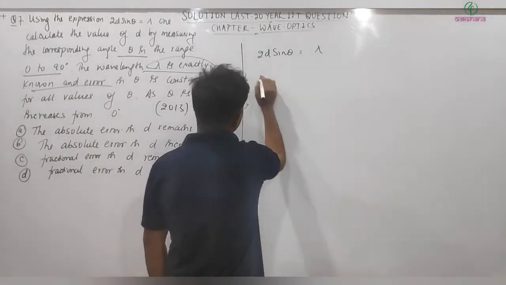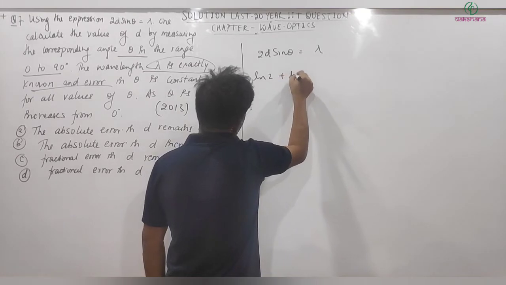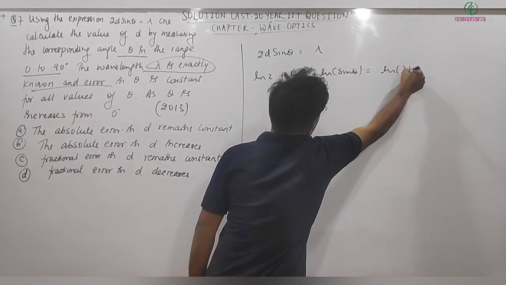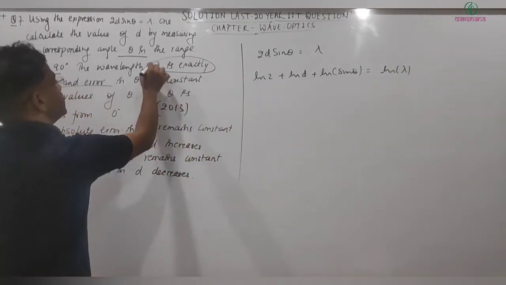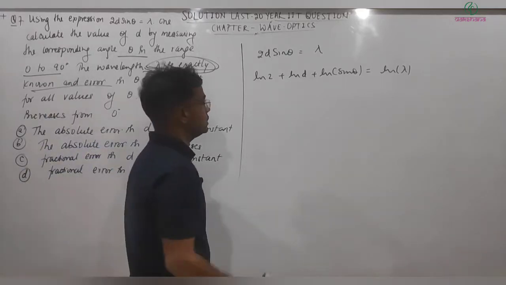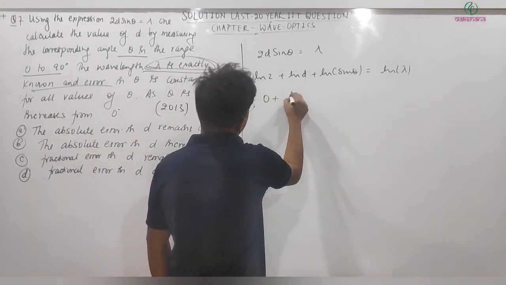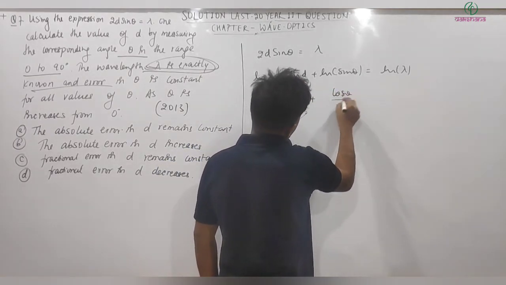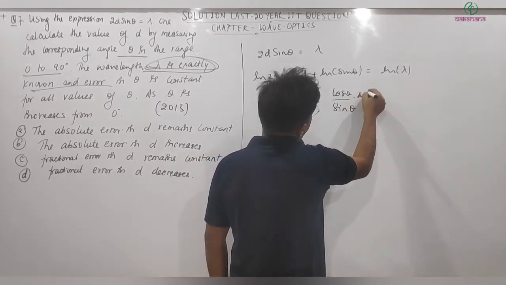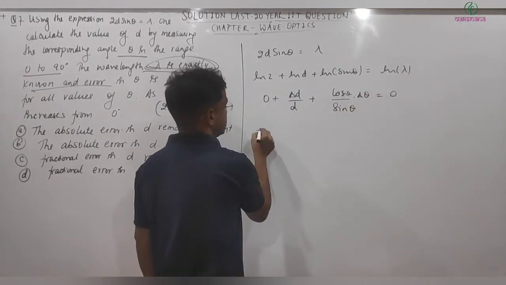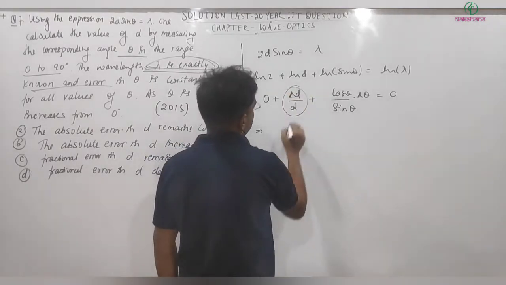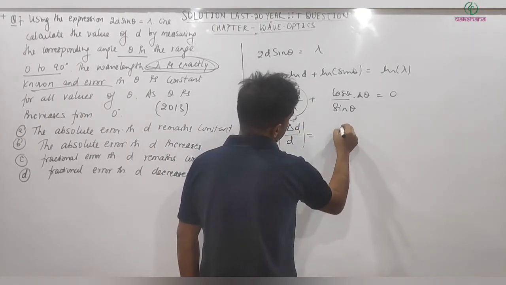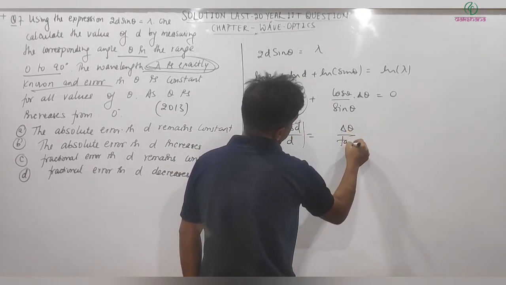So I'm taking ln 2 plus ln D plus ln sine theta equal to ln lambda, because it's clearly mentioned lambda is exactly known, so there is no change in differentiating it. 0 plus delta D by D plus cos theta by sine theta into delta theta equal to 0, and taking the magnitude, delta D by D equal to delta theta divided by tan theta.